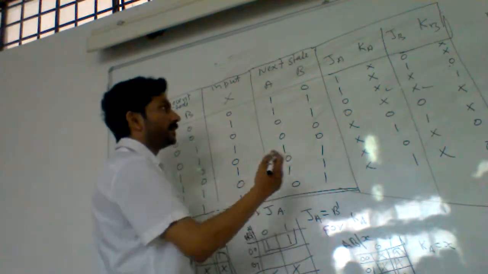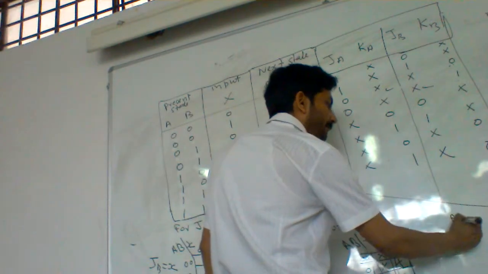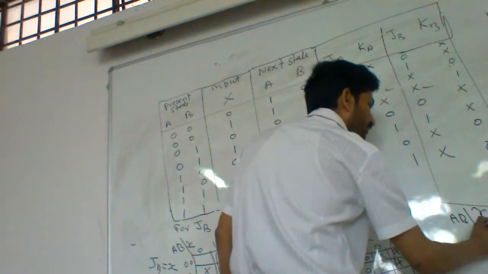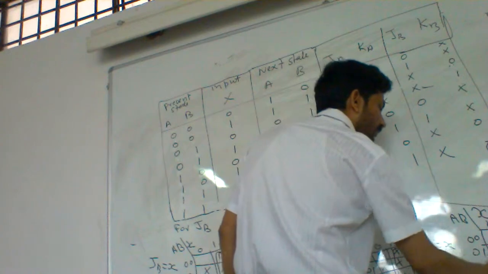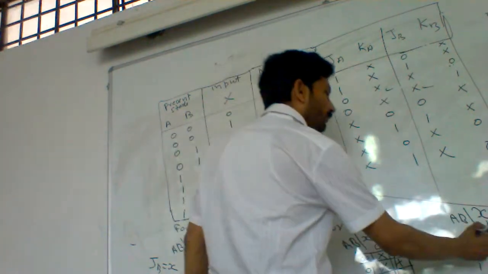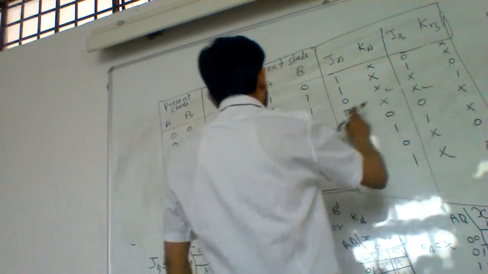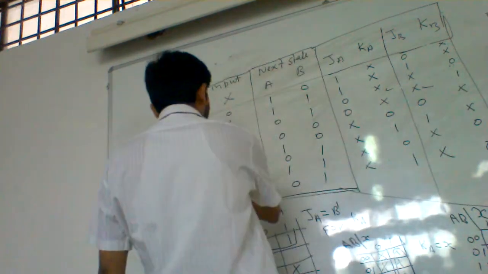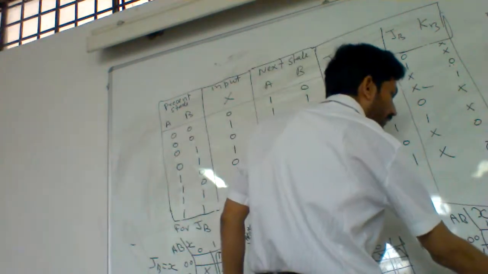Next find the value of KB. So AB on one side and X on the other. Now complete the entries here. 0 0 0 and 0 0 1 are don't cares. 0 1 0 and 0 1 1 have values. 1 0 0 is a don't care. 1 0 1 and 1 1 0 are don't cares.